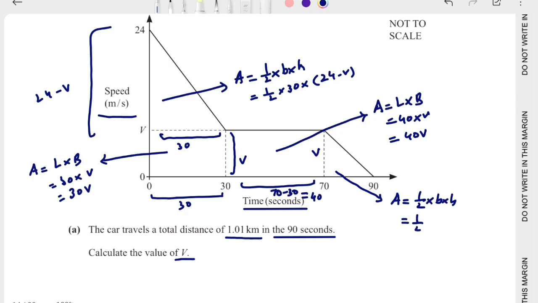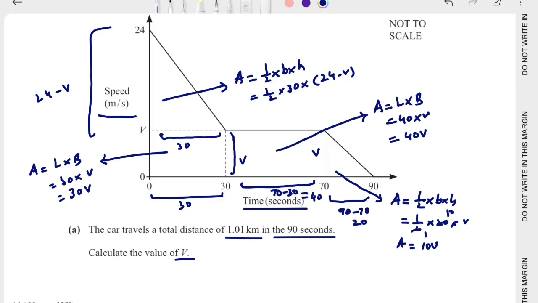So here base would be 90 minus 70, it would be 20, and height would be v again. So half of 20 is 10, so area would be 10v.